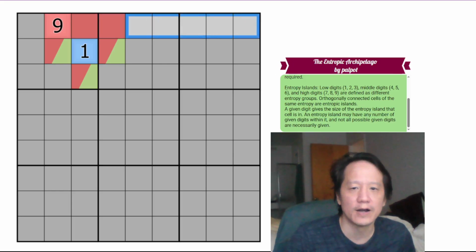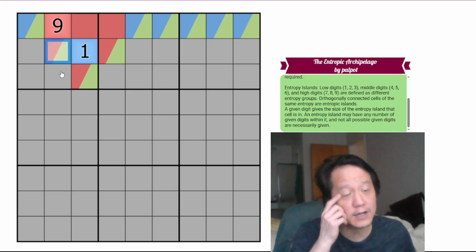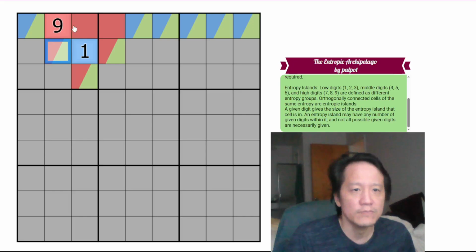This cannot be high because we have 3 highs already in that row. If we try to make this high, but this has to connect out to another box and then connect elsewhere. So this cannot be medium. This has to be high.